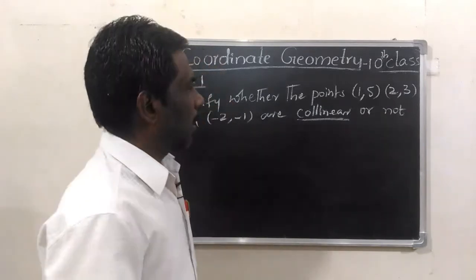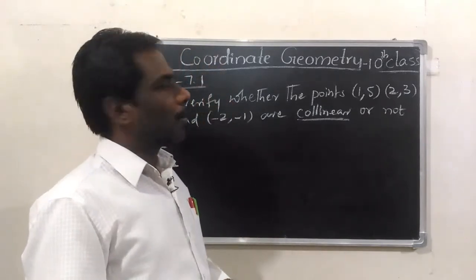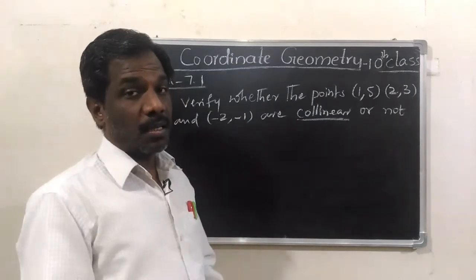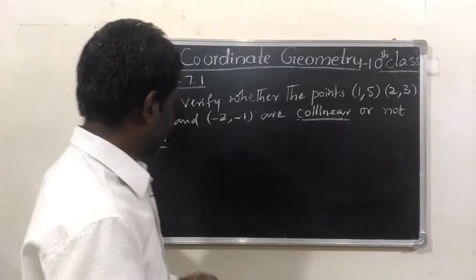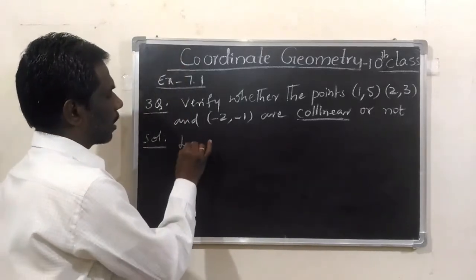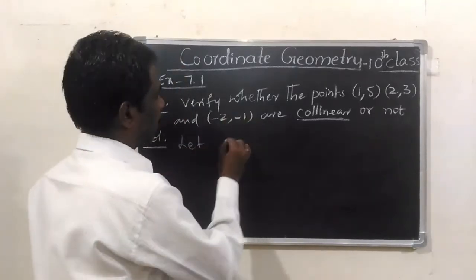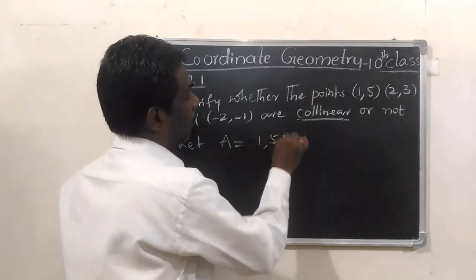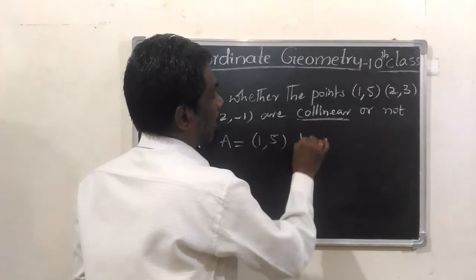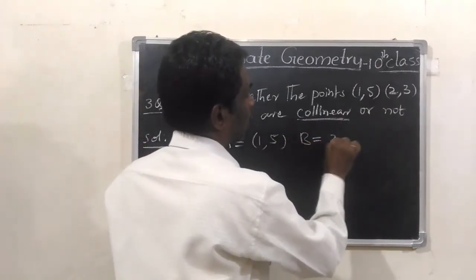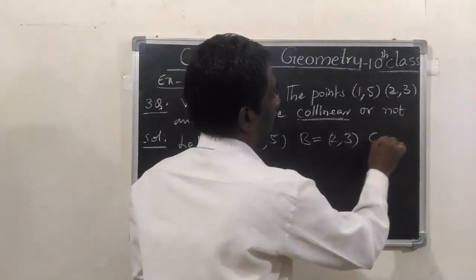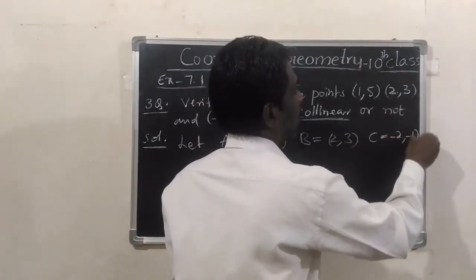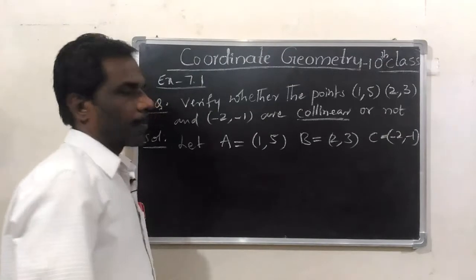Here I am going to verify the points by the distance formula. Let the first point be A, where A is (1, 5), B is (2, 3), the second point, and C is (-2, -1), the third point.